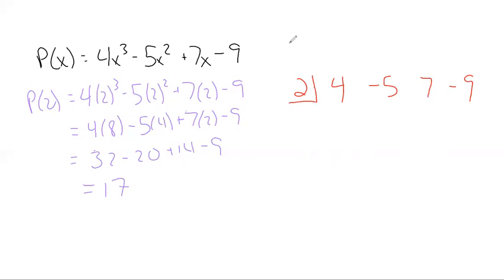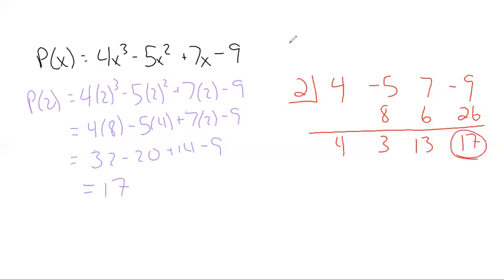Bring the 4 down. 2 times 4 is 8. Negative 5 plus 8 is 3. 2 times 3 is 6. 6 plus 7 is 13. 2 times 13 is 26. 26 plus negative 9 is 17. I get the same answer, but it's much quicker in my mind.